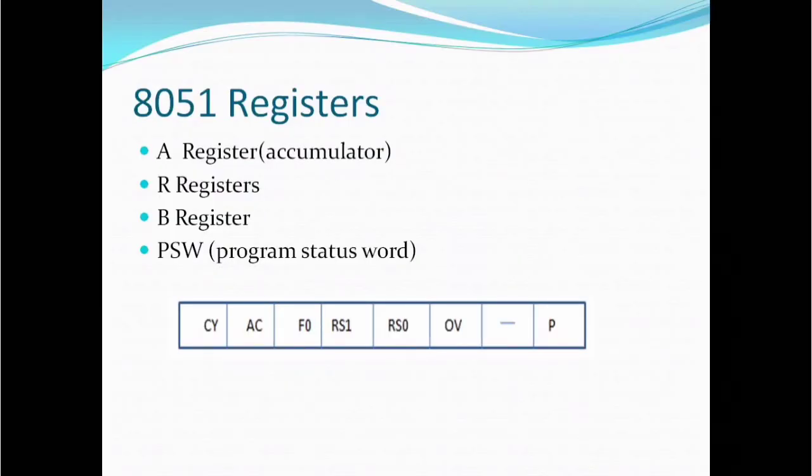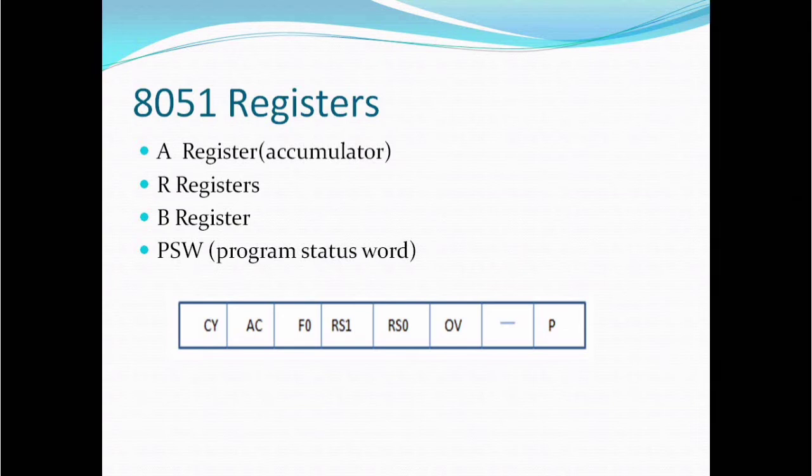Now we will discuss some 8051 registers. The first register is the A register, or accumulator. The accumulator register is used for storing temporary results or the results of all arithmetic operations. Next are the R registers.